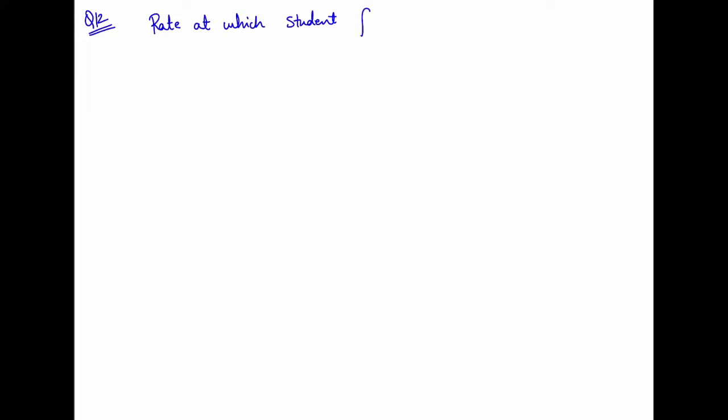So I'm going to tell you this: the rate at which a student forgets is, keyword, proportional to the difference between the material correctly remembered at the point and some positive constant a. I'm going to put that down here too.